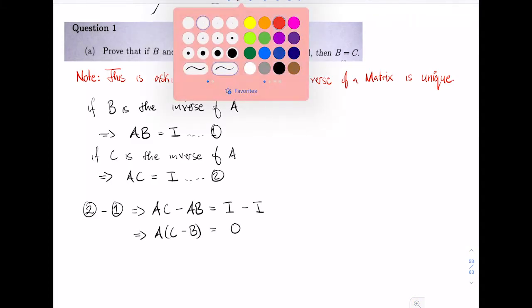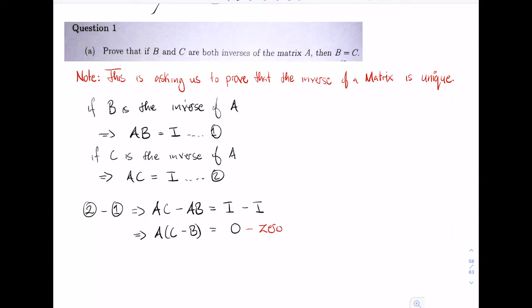Here we want to make a note. When doing matrix algebra, the 0 is represented by the 0 matrix. So now this means that either A is equal to 0 or C minus B is equal to 0. And of course, this 0 is the 0 matrix.